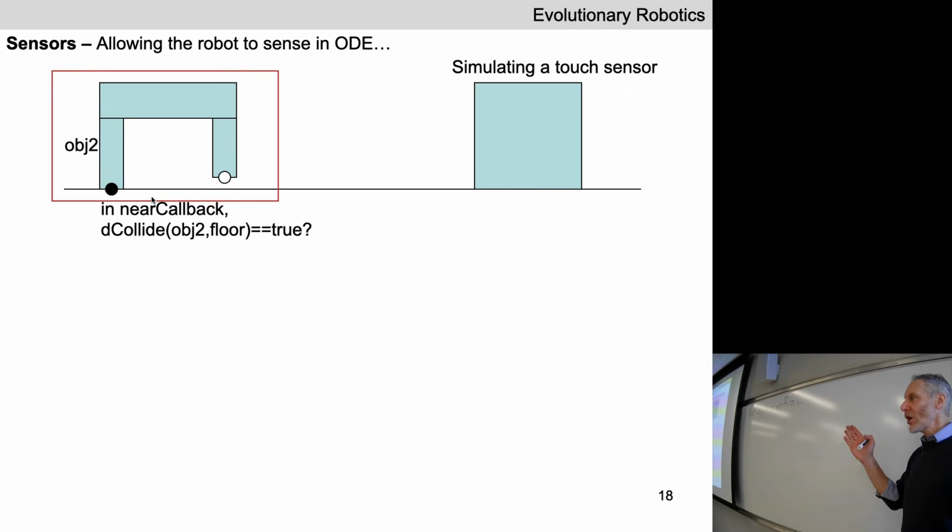And at this cartoon moment in time, the back leg is in contact with the ground, which means the touch sensor is firing, represented by the black dot here. At this moment in time, the front leg happens to be off the ground, so the touch sensor is returning a value of -1. It's not in contact with anything. This object is in contact with this object, but we're ignoring that collision because we're assuming the front leg is attached to the torso with a rotational hinge joint.